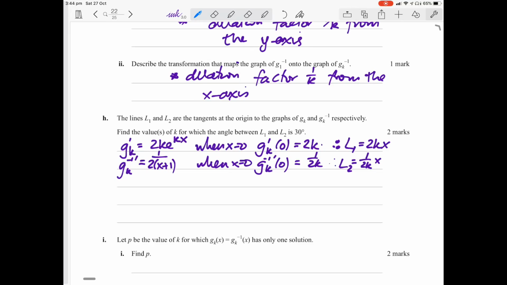Okay, so the angle between those is equal to 30. So if this one is equal to 60, the other one will be equal to 30, and likewise the other way around.